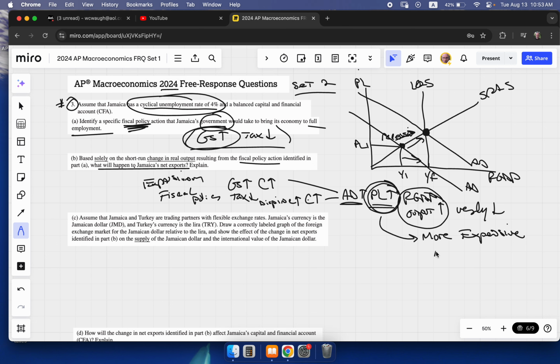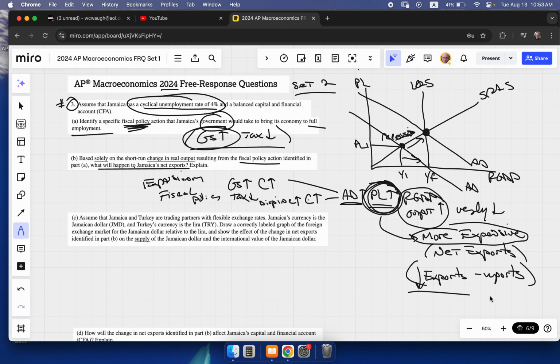That implies that their net exports, and we should make sure we recognize that net exports is exports minus imports, right? So if things are more expensive in Jamaica due to that higher price level, exports are going to go down. People aren't going to buy as much of their stuff. So we know that net exports, if exports goes down, net exports is going to have to go down also.